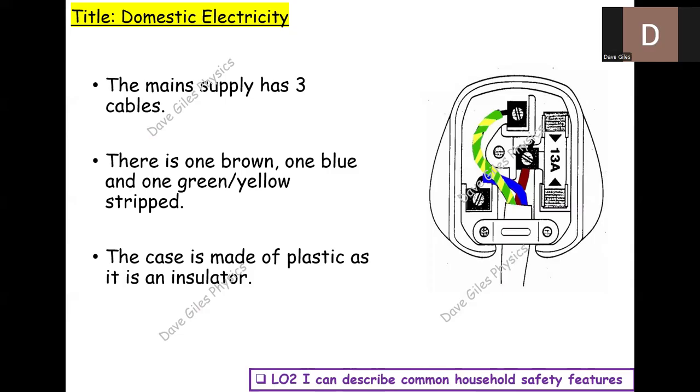Okay. So the fuse is connected to this wire here, as you can see. So the brown one, also known as the live wire.